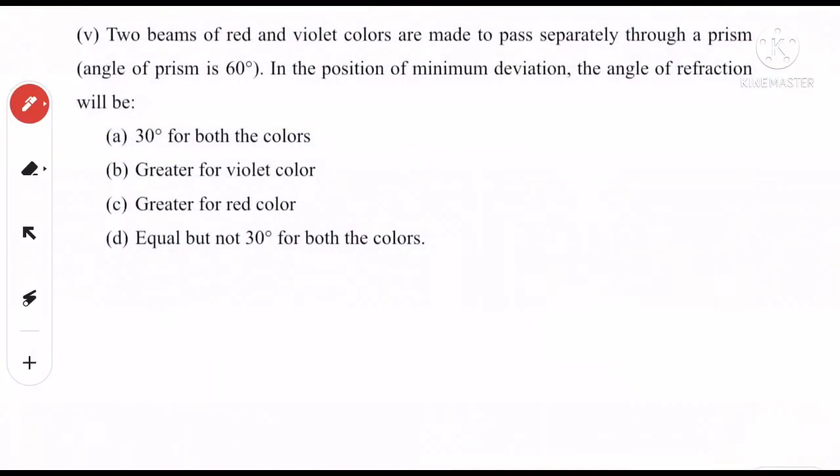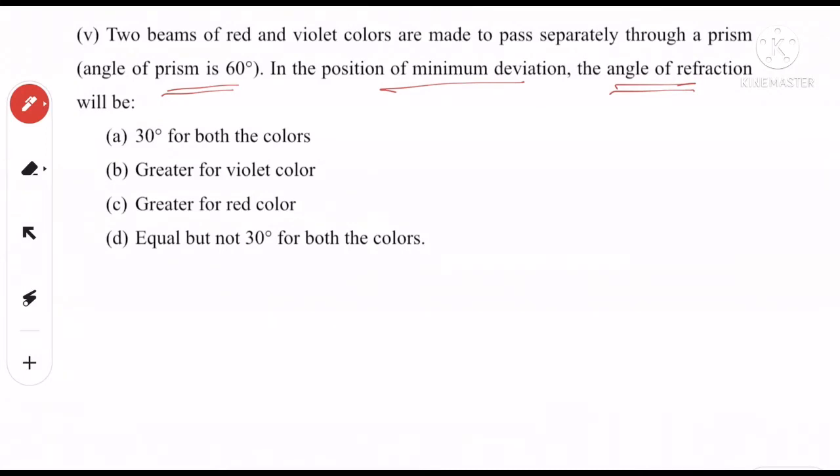Now next thing: two beams of red and violet colors are made to pass separately through a prism. The angle of the prism is 60 degrees. In the position of minimum deviation, the angle of refraction will be?